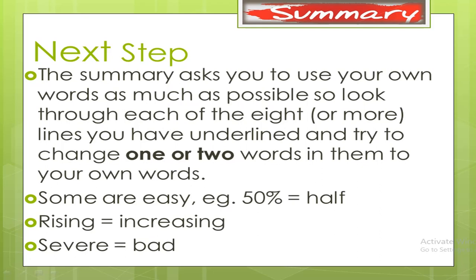We can use half for that. Another example, rising. We can change it to increasing. Another word is severe. We can change it to bad. This is very important because in the mark scheme it is written that very good use of own words, if you are in that range, there are chances that we get 8 marks for that.